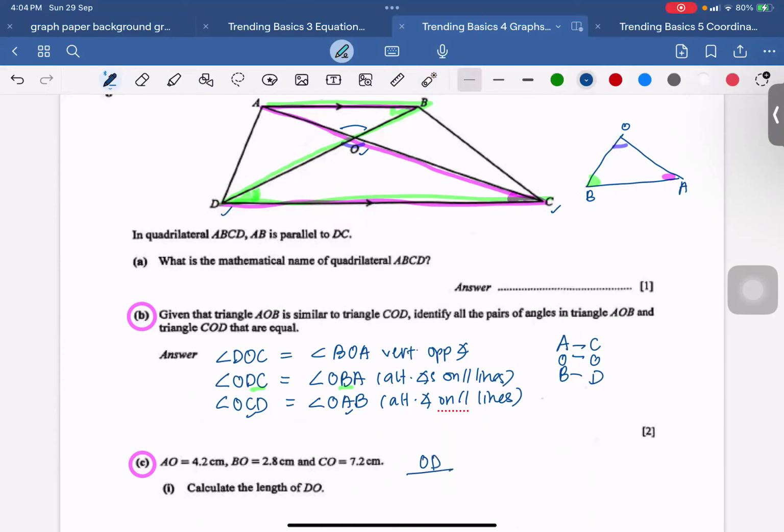If I put the big over small, OC with OA, and DC with BA. Write down all the measurements.